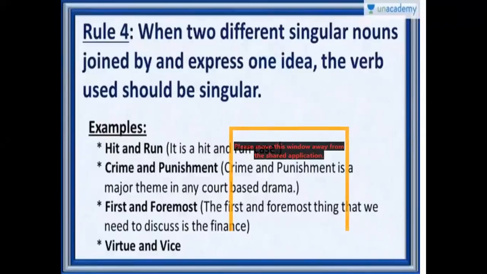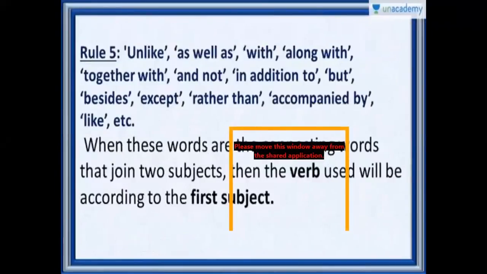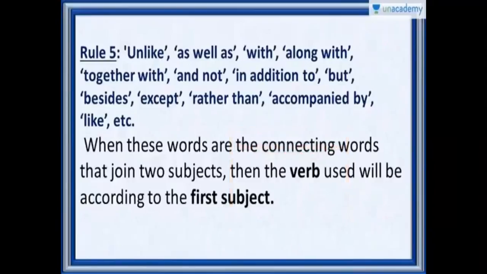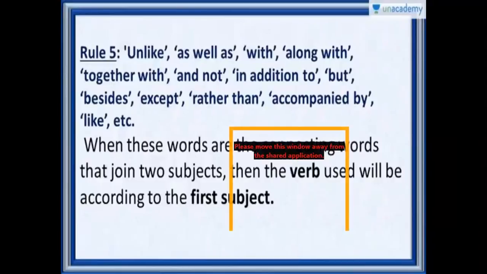This is a deviation for rule number 3. Now see here. Look at the list of words which are given here: unlike, as well as, with, along with, together with, and not, in addition to, but, besides, except, rather than, accompanied by, like.